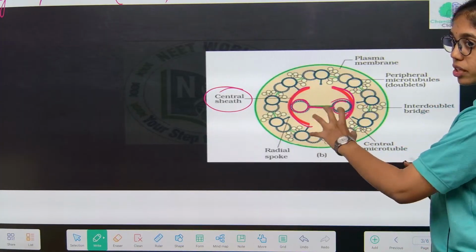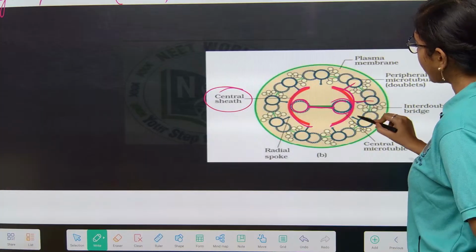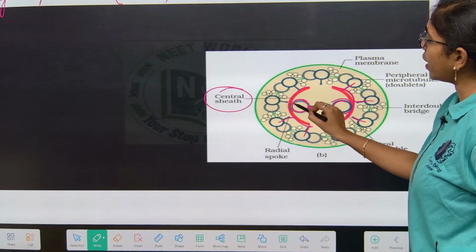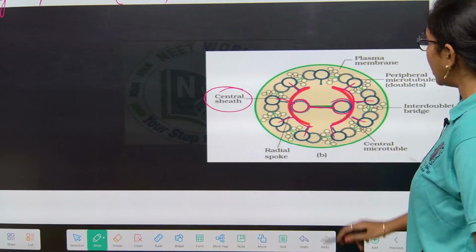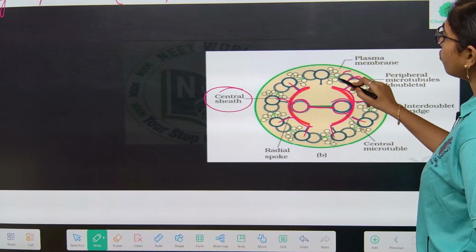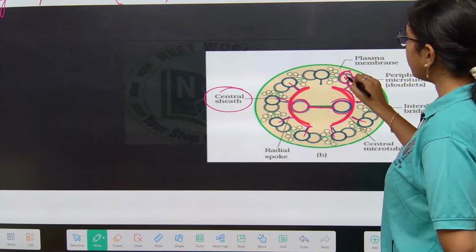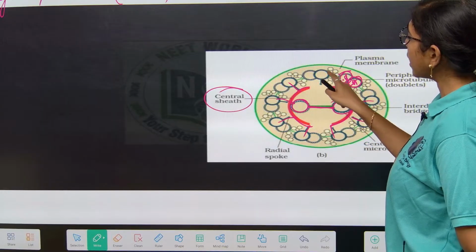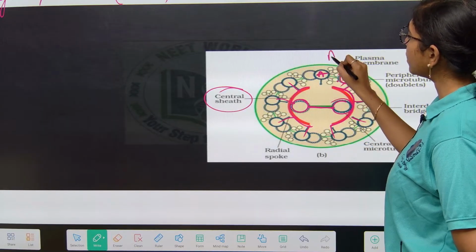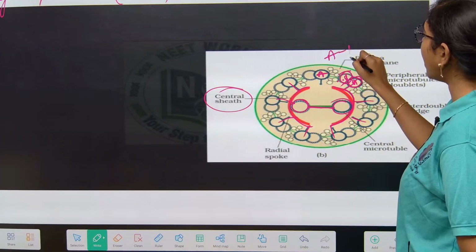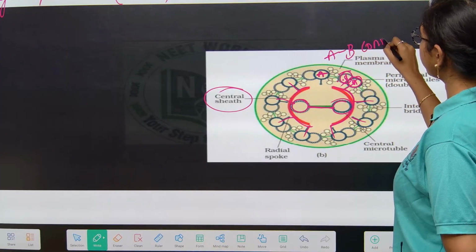Adjoining to this central sheath we have 9 radial spokes. Each radial spoke will have 2 peripheral microtubules, A and B. B is connected to A, so in cilia or flagella we have AB connections.